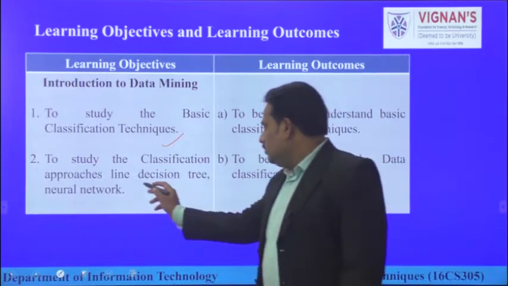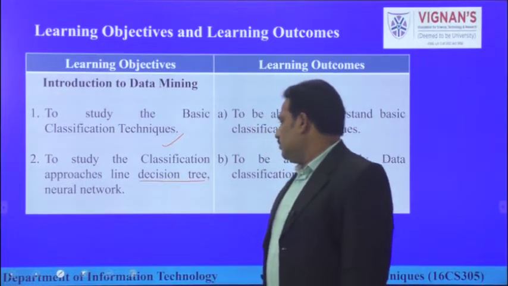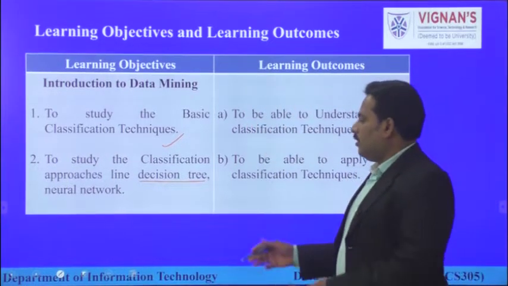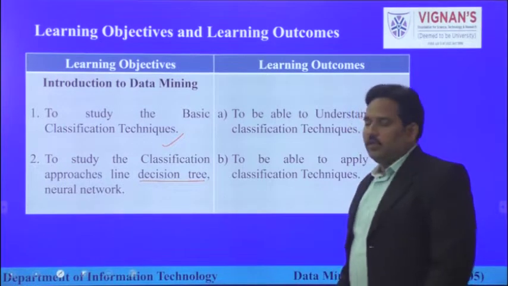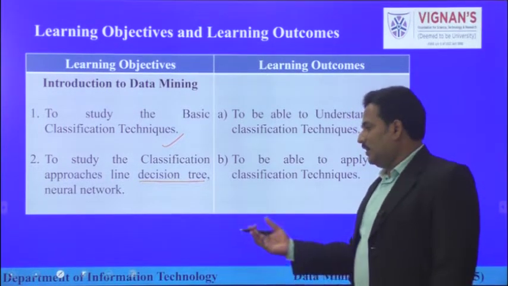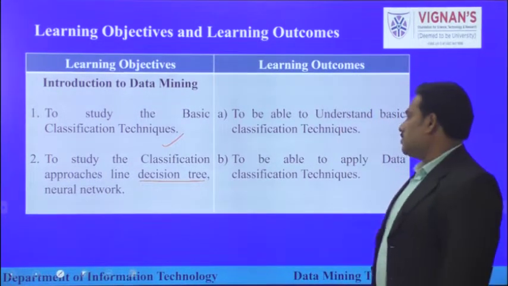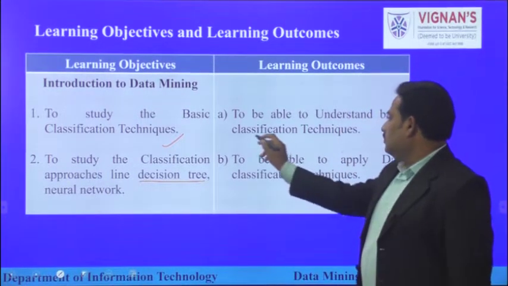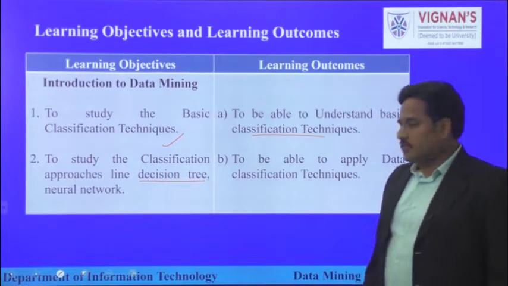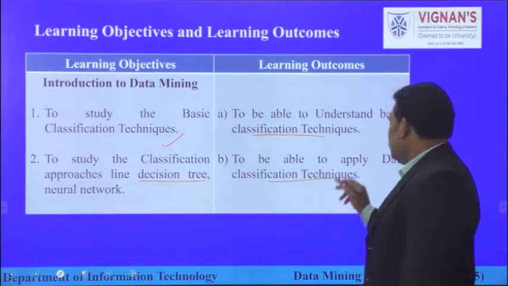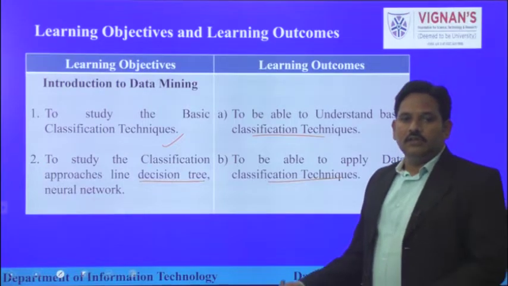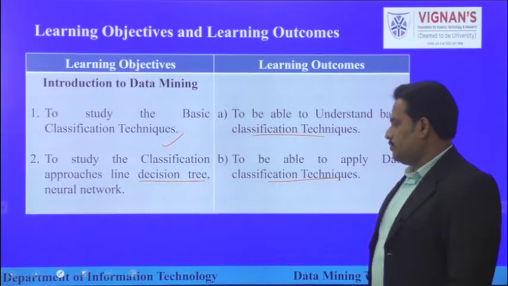And we'll see the commonly used approaches like decision tree approach, naive Bayes approach, neural network approach, and k-nearest neighbor algorithms. Upon completion of the syllabus, the students are able to understand the basic classification techniques and approaches, and they are able to apply data classification techniques in real-time applications.